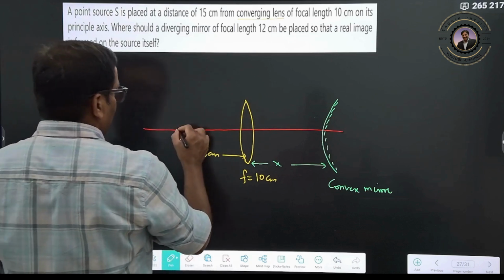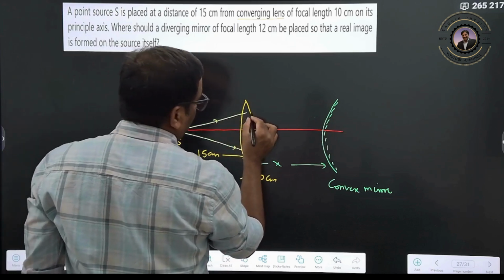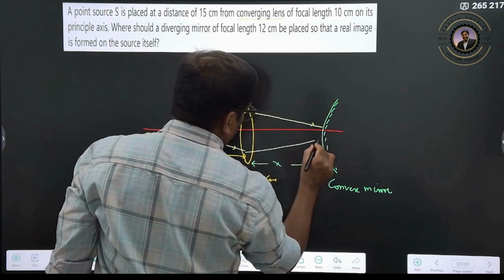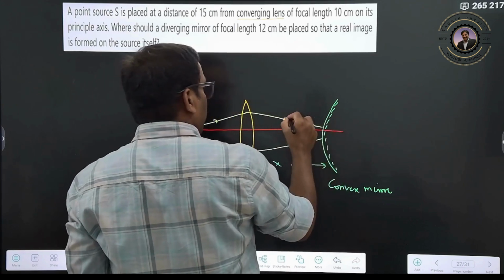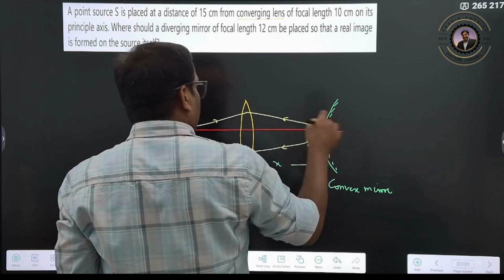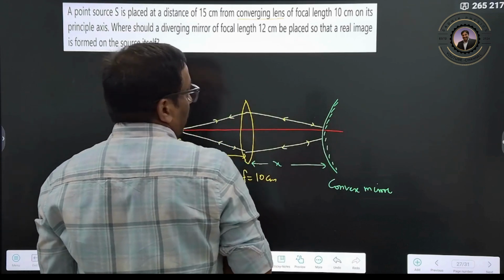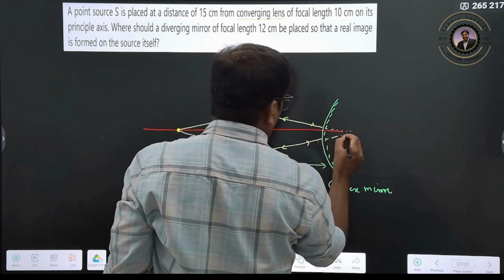That means light rays are coming and falling at this point. So what should happen here? Definitely, this should fall at the center of curvature. Then only it will rebound back and retrace its path. Clear?